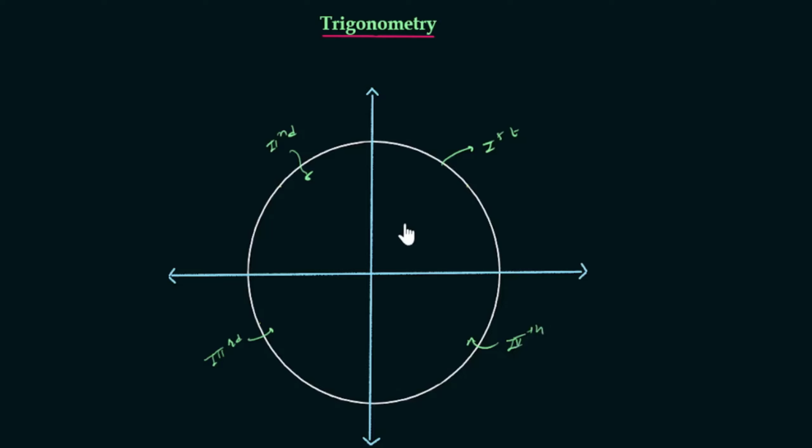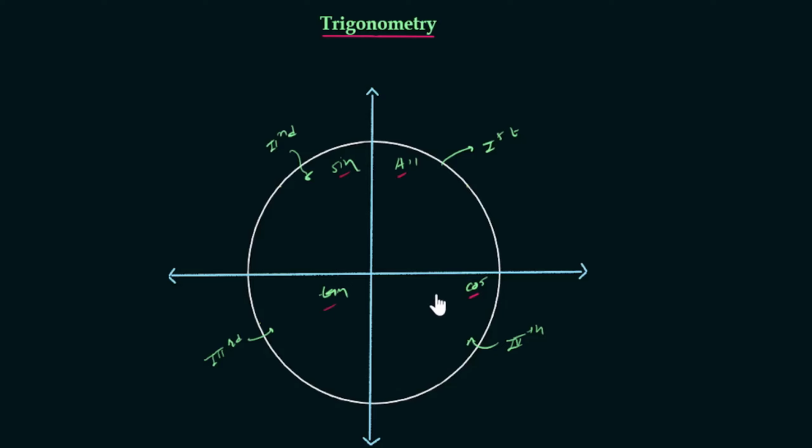Here all the trigonometric functions are positive. Here sine is positive, here tan is positive, and here cos is positive. So this rule is known as the CAST rule. You can just pick the first letter of cos, C A S T.